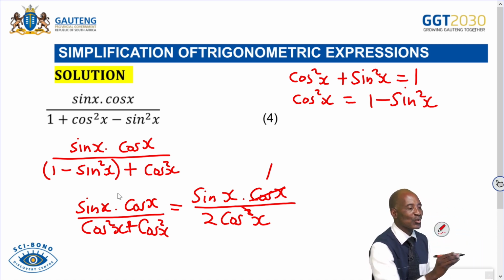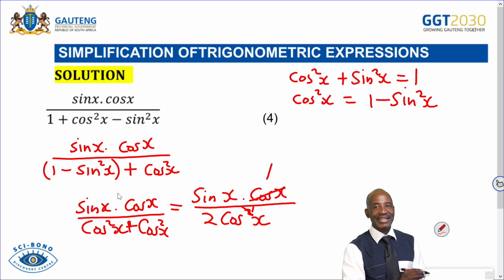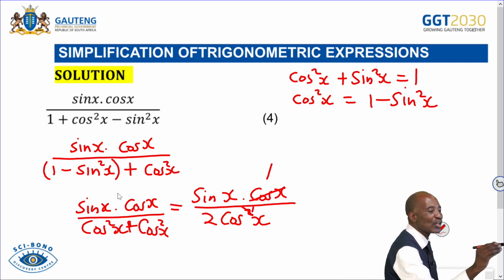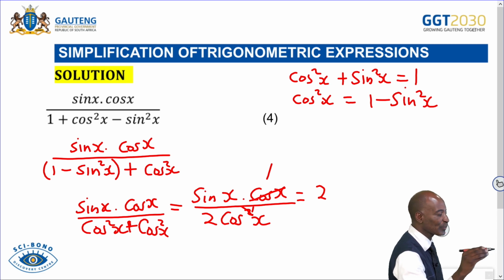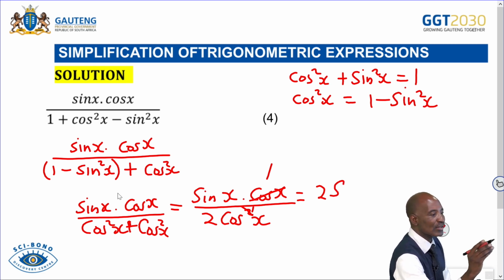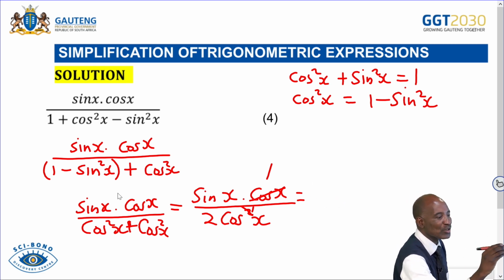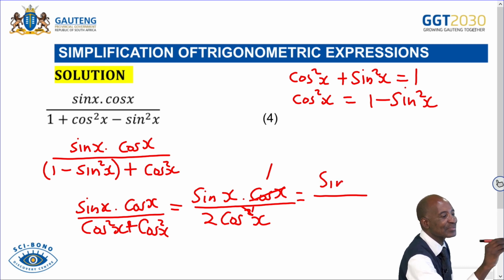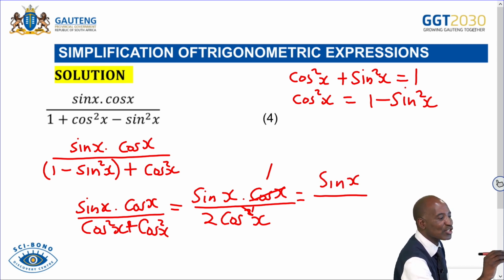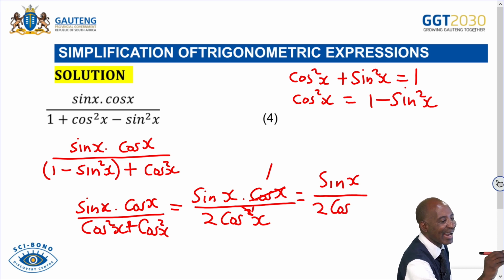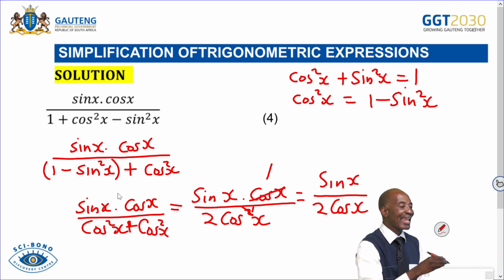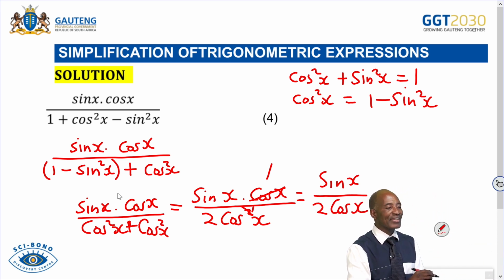Then you cancel that 2. You remain with 1 at the bottom. So it means you now have sine x divided by 2 cos x. 1 cos has been eliminated through simplification.